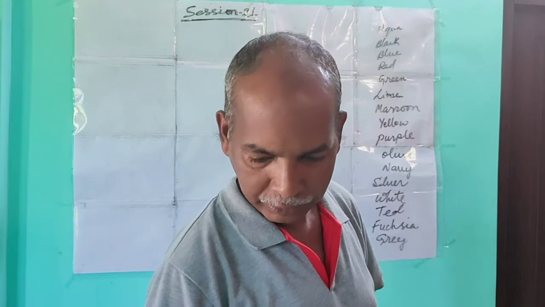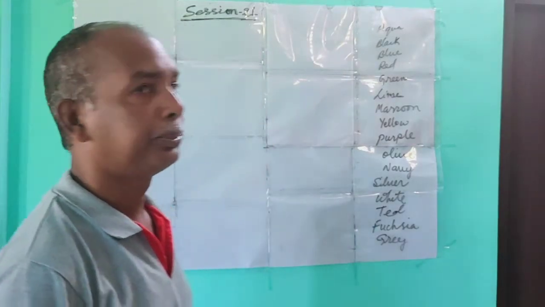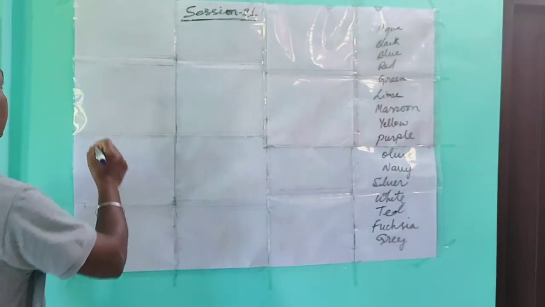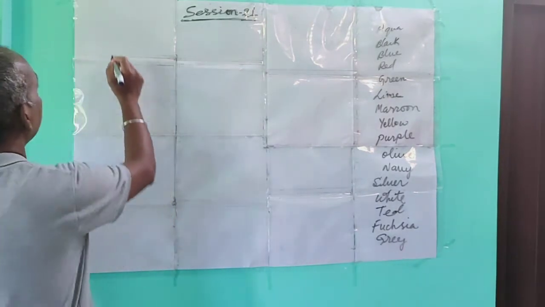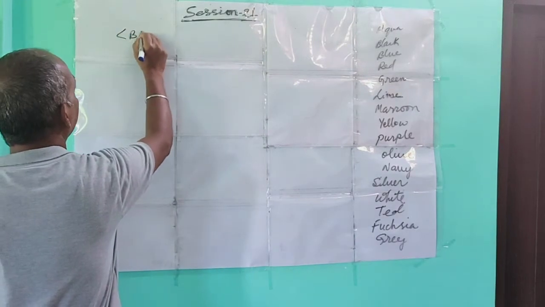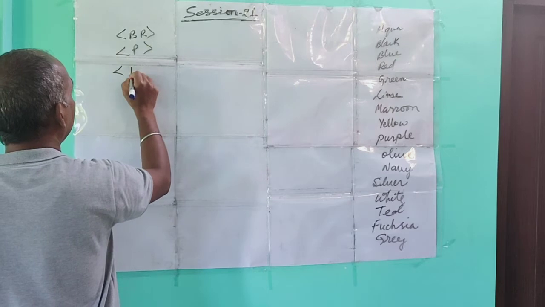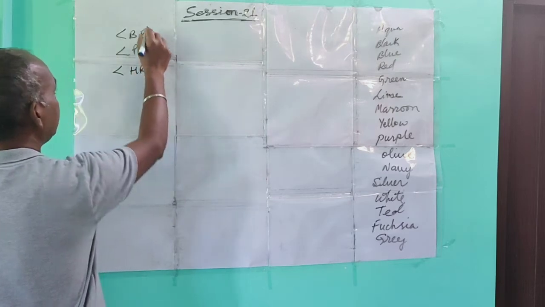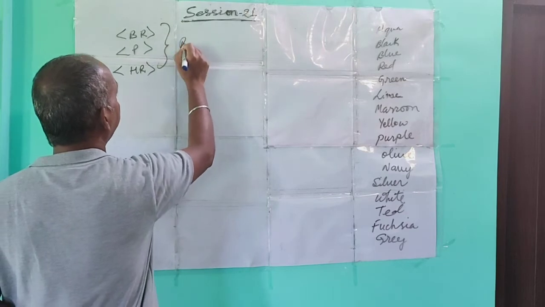Okay. After that, I told you in the class about break tags. There are 3 types of break tag. One is called BR, other one is called P, and third one is called HR. These 3 are known as break tags.